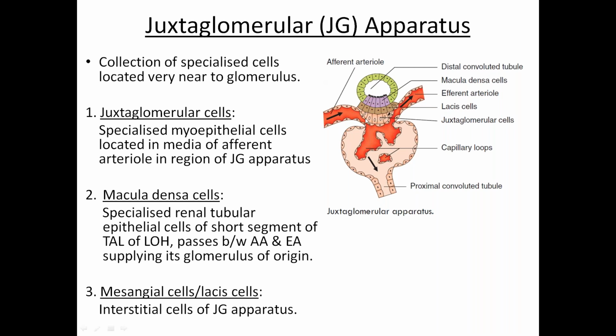Also, because these cells act as vascular volume receptors, they monitor renal perfusion, and are stimulated by hypovolemia or decreased renal perfusion pressure.